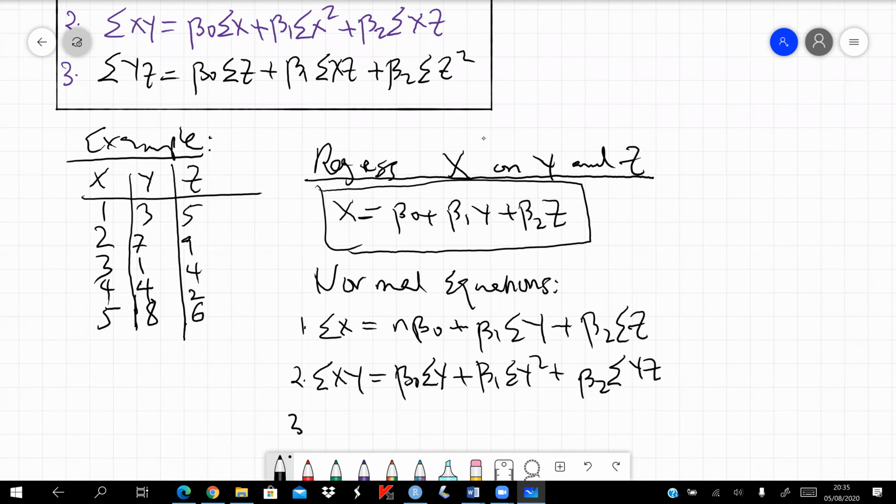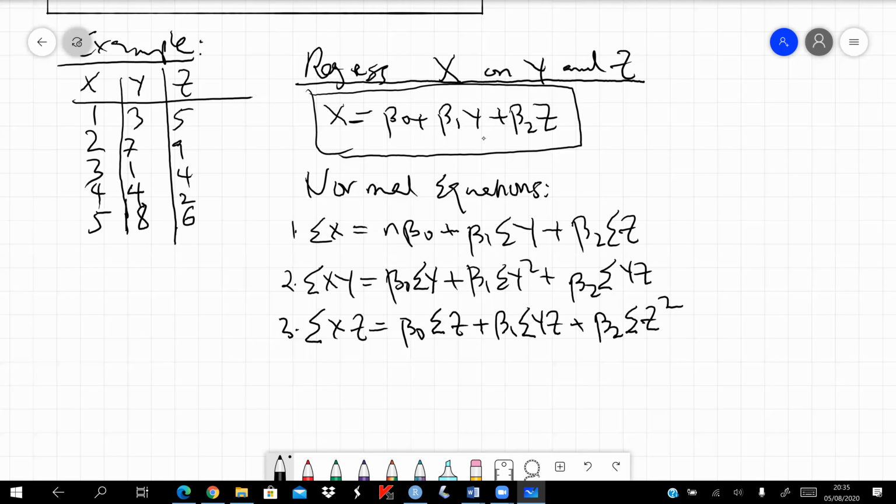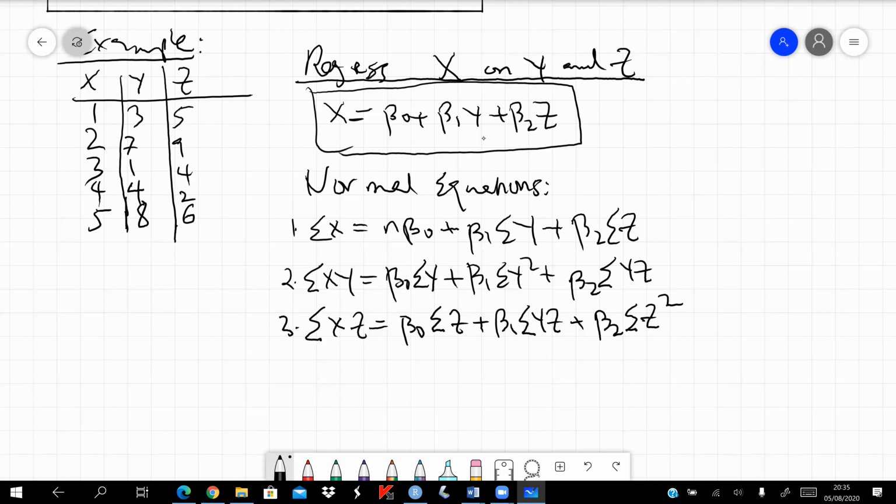And finally, I take Z, multiply everywhere, I end up with summation of XZ is equal to beta naught summation of Z plus beta 1 summation of YZ plus beta 2 summation of Z squared. So once you get the normal equations correctly, the remaining part becomes quite easy.